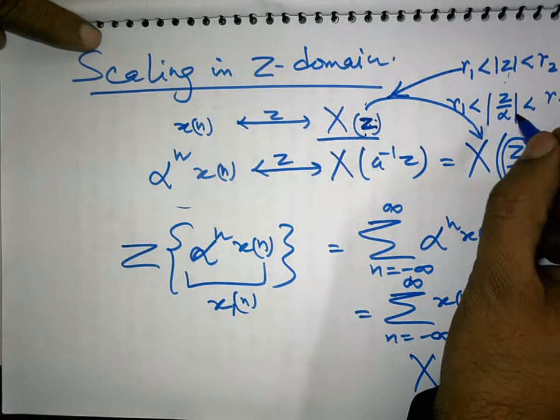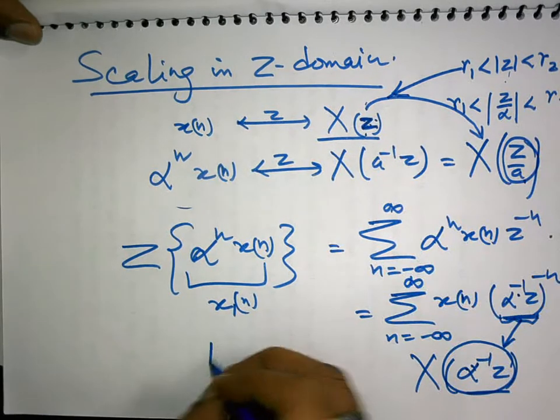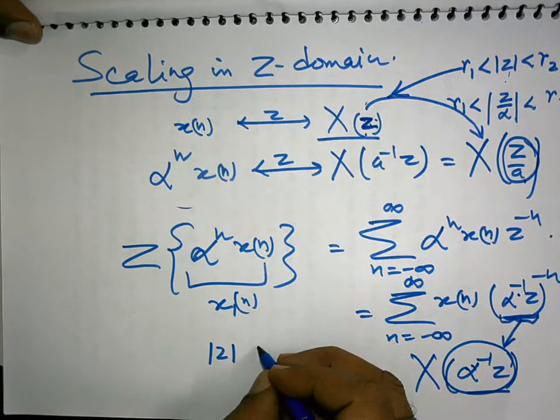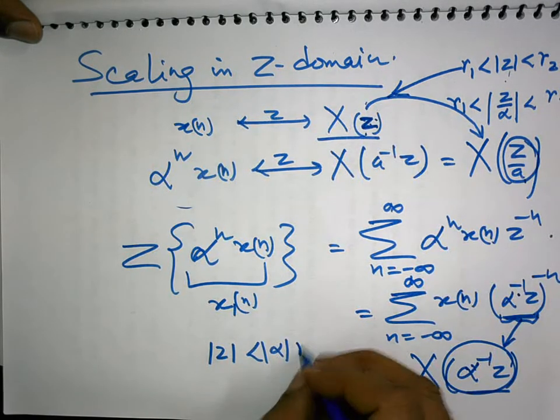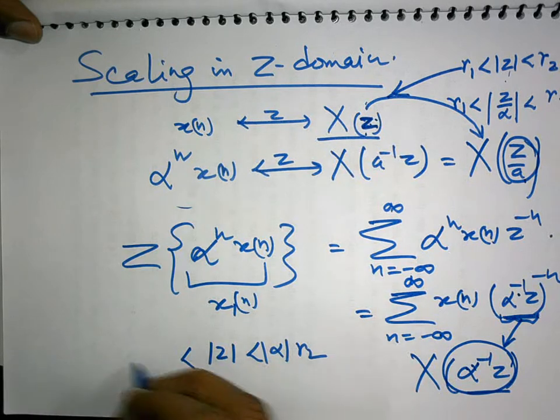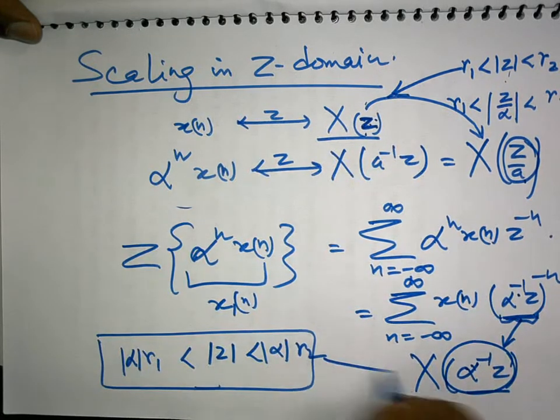If we rearrange this expression, we will obtain that the magnitude of z is less than alpha R2 and greater than alpha R1. This is the region of convergence of this z transform.